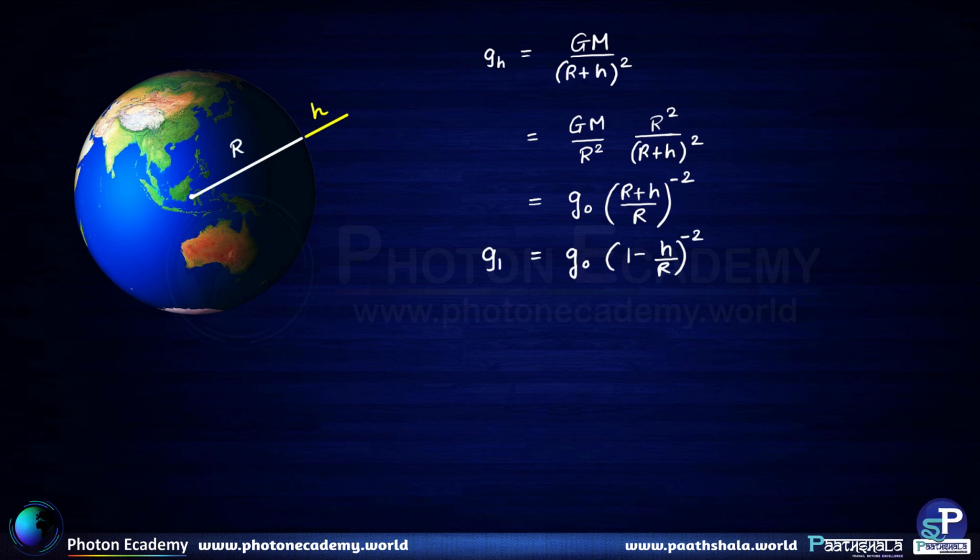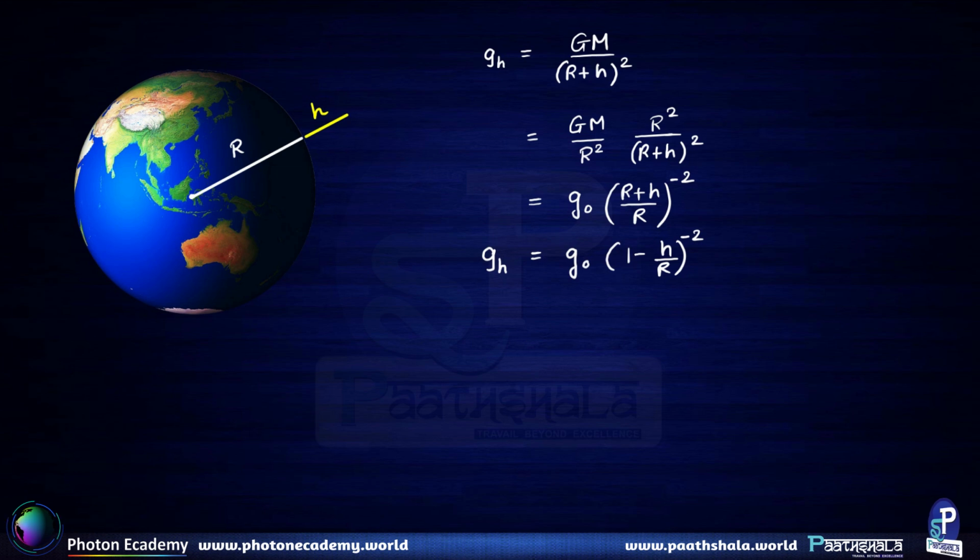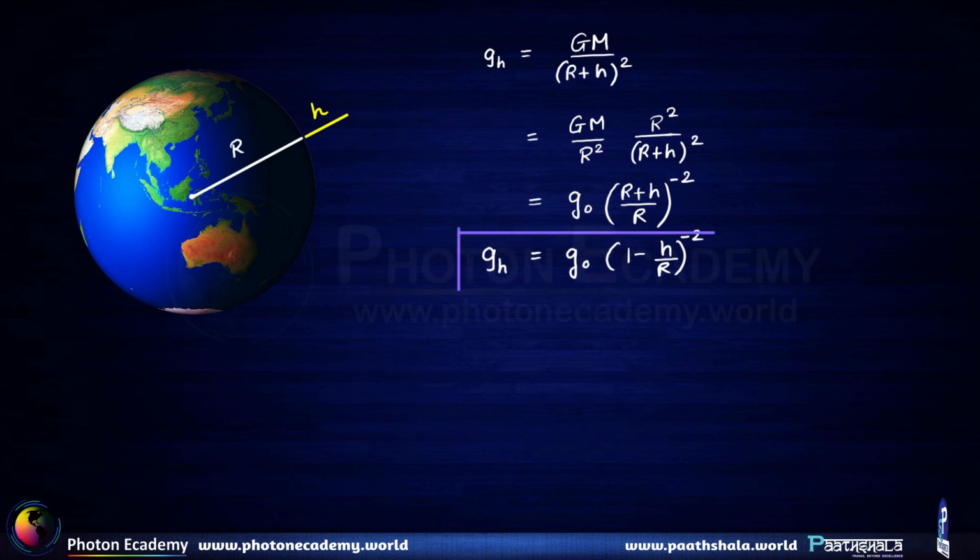So this is nothing but g at height h. So this happens to be the exact expression for acceleration due to gravity at height h. I will box this expression. So this happens to be the exact expression.